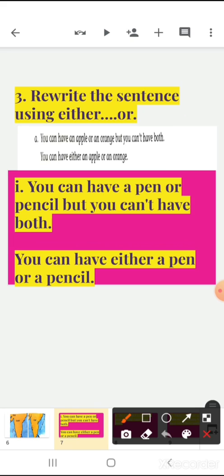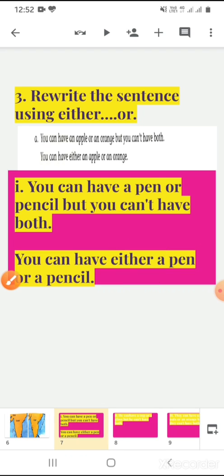Write it. We have used both the words either or. Okay, how do we rewrite the sentence using either and or? You can have either a pen or a pencil. All right, written. Now next.